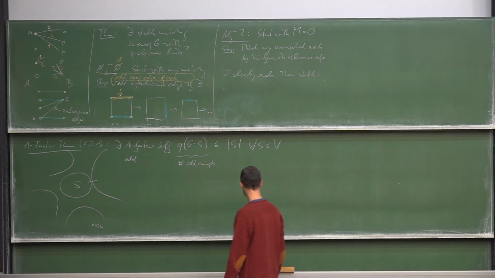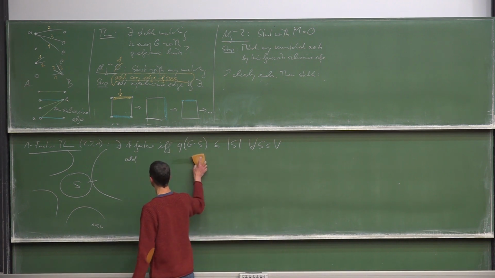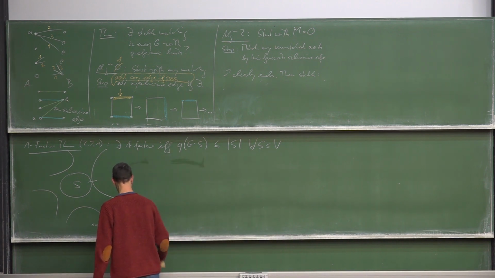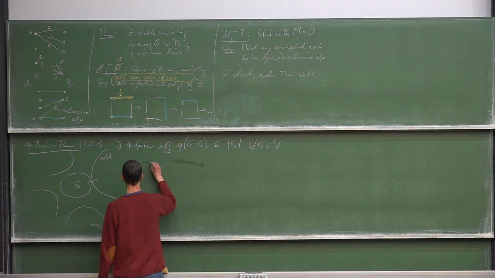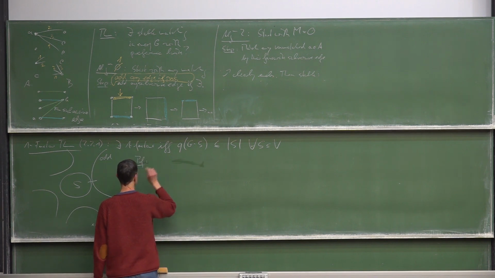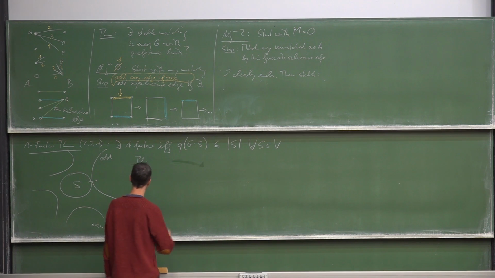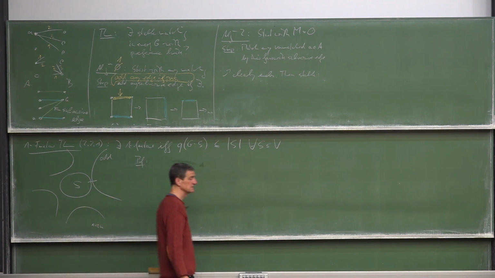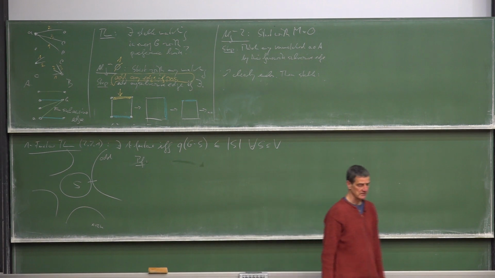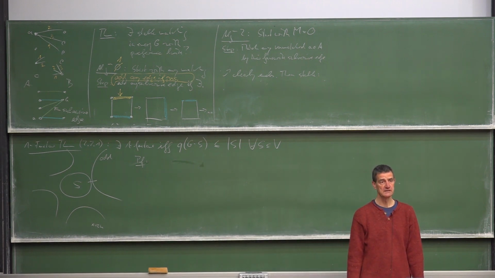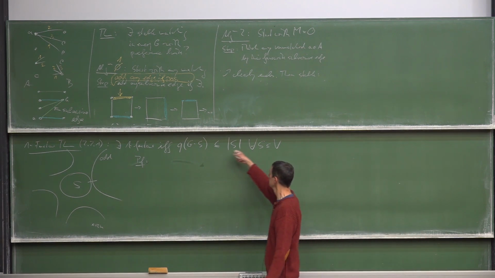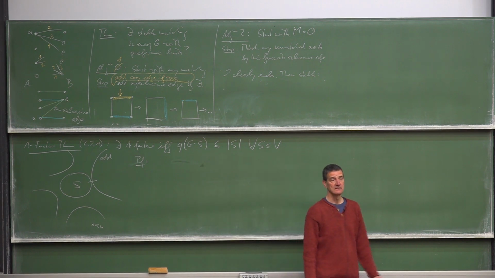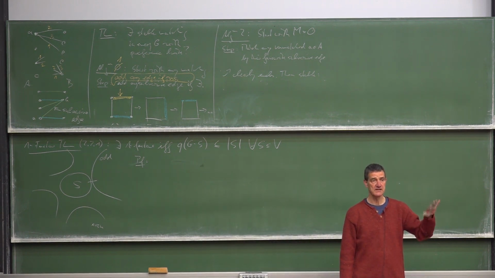Okay. So, proof. We'll have to find a bad S. I'll call it a bad S, an S that doesn't satisfy this, for any G that doesn't have a one factor. Right?